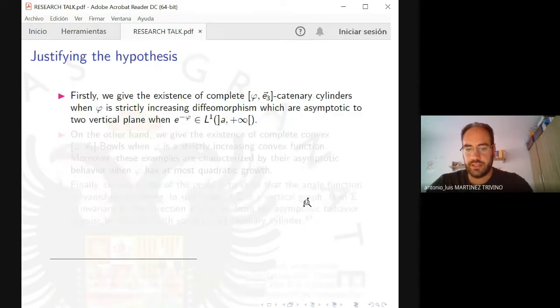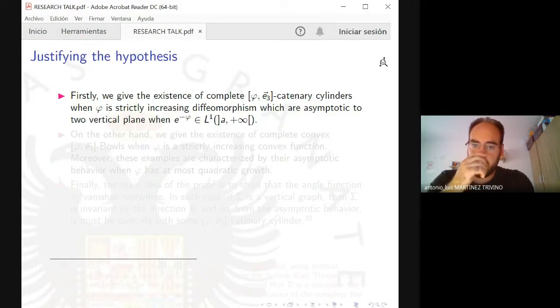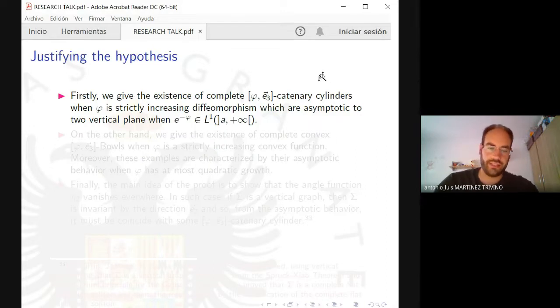Okay? Justifying the hypothesis. Firstly, we recall that we give the existence of complete phi3 catenary cylinders when phi is a strictly increasing diffeomorphism, which are asymptotic to two vertical planes when this exponential is integrable.